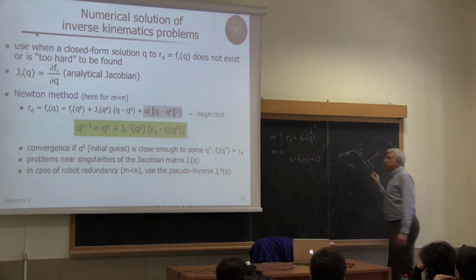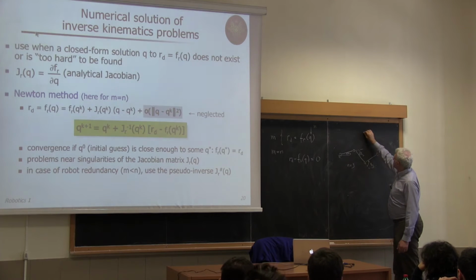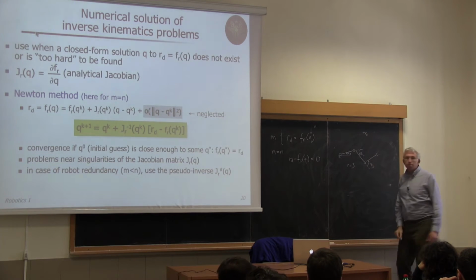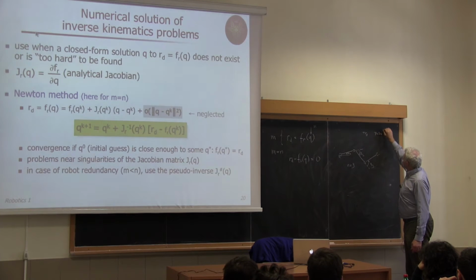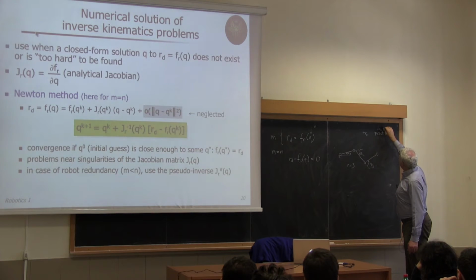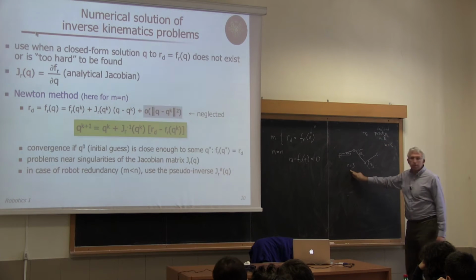Pay attention, these are the theta of Denavit-Hartenberg, such that the end effector is here. So this is the desired position in the plane, so in R2, so m is equal to 2 and n is equal to 3.